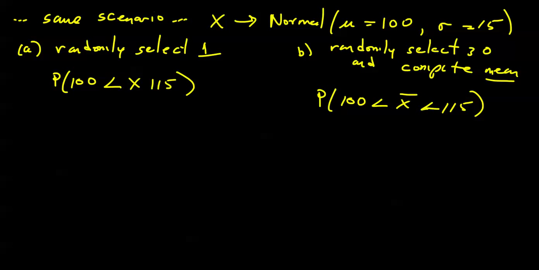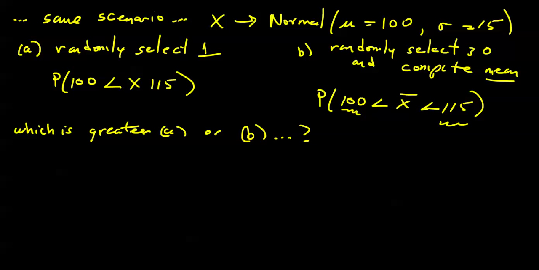So again, I'm going to ask, which is greater, A or B? If you stare at this long enough, I hope with that first motivating example, we can also grind out the answer to this one. Well, consider between 100 and 115, that's an interval that includes the mean, does it not? And I think you'll agree with me that B is going to be the greater answer.